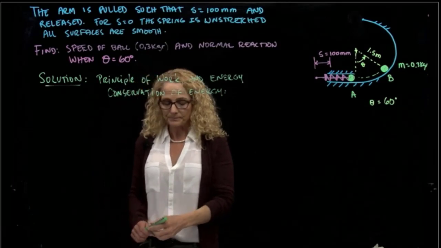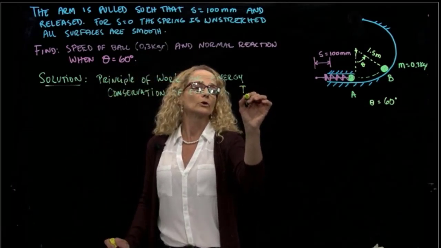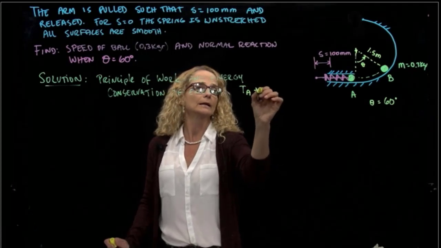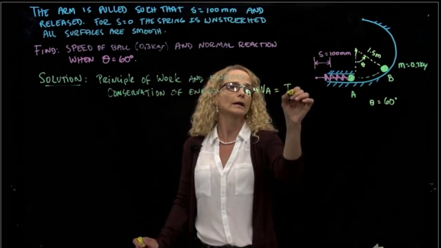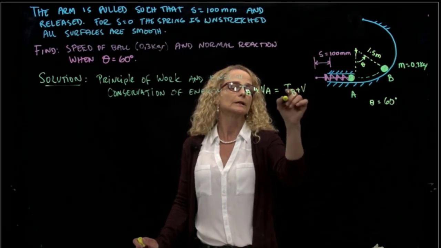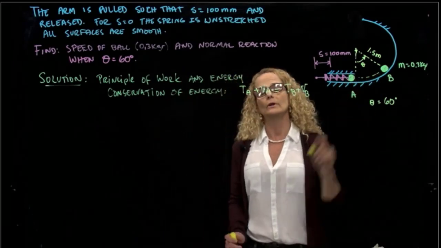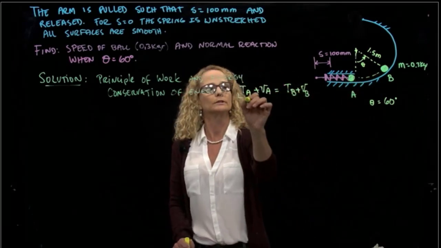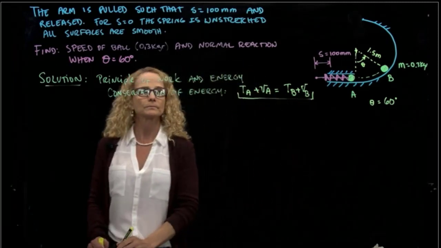That means that the total energy, which is the kinetic energy plus the potential energy in position A, will equal the total energy, kinetic energy and potential energy at B. So this is the principle of conservation of energy.